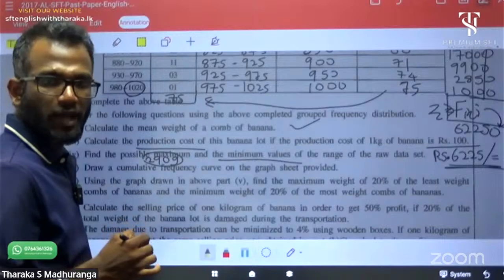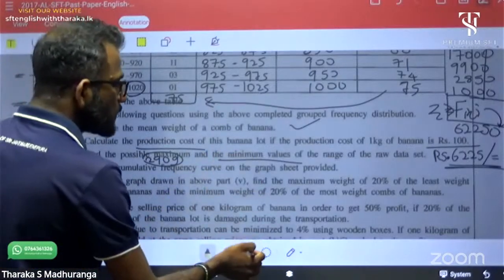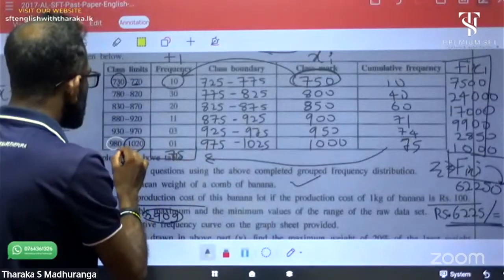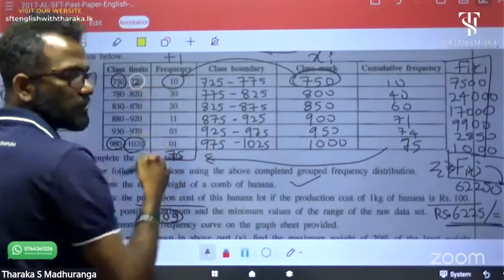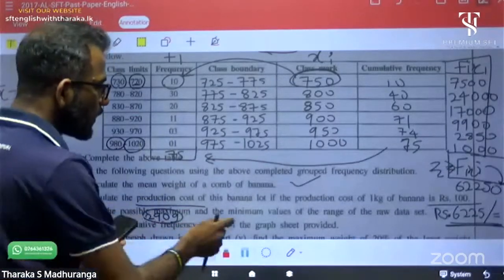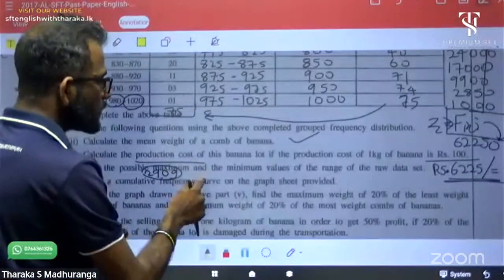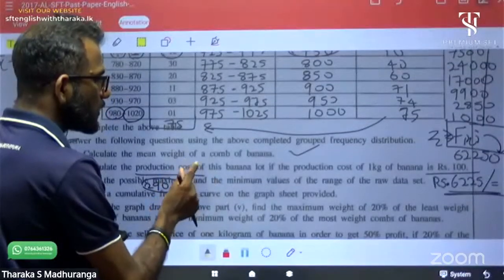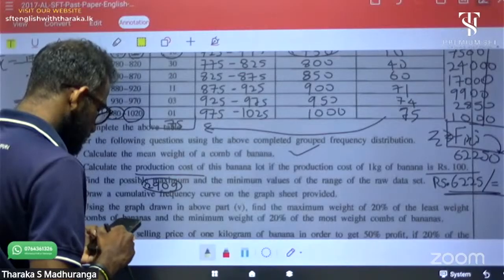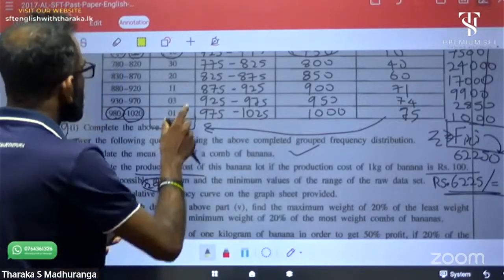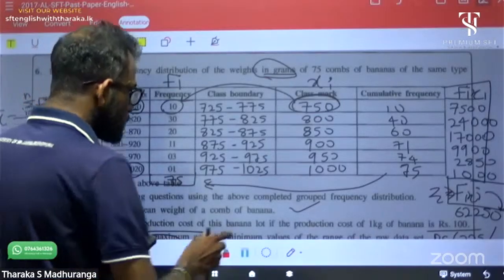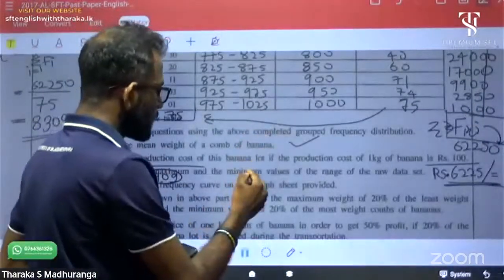Grams. The minimum possible value? Minimum possible value is 980 minus 770. That's the minimum possible value. In the lesson, do you remember I explained this in the group frequency distribution analysis lesson? 980 minus 770 is 210.